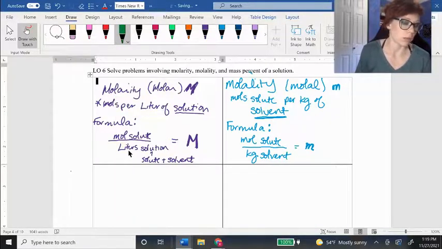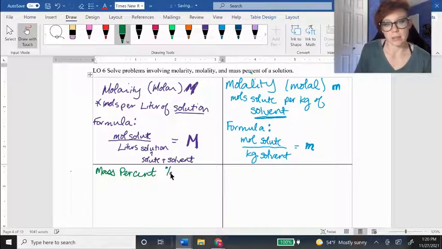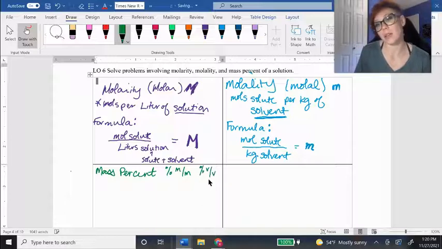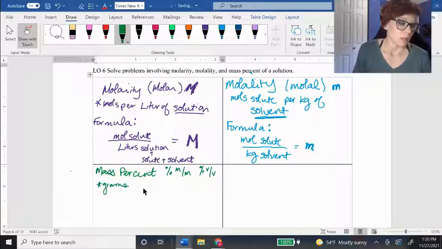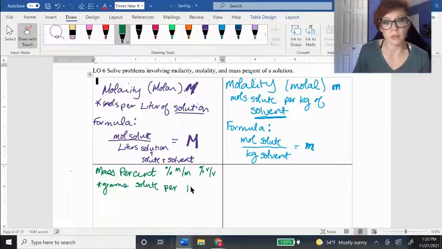All right, so the one that is not on the back of your periodic table is your mass percent. And this is percent M over M. You can also have a volume percent, which would be your percent V over V. You can also have percent volume by mass, which would be your volume divided by your mass. And this is usually the number of grams of solute per 100 grams solution.